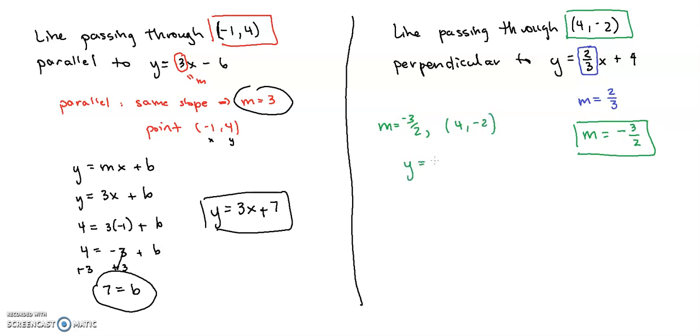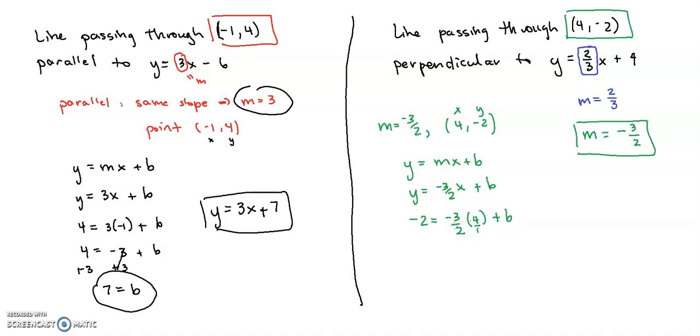So y equals mx plus b. I'm going to put that slope in. I need to find b, so I'm going to put in the point, x and y. So I've got negative 2 equals negative 3/2 times 4 plus b. Remember this is like 4 over 1.